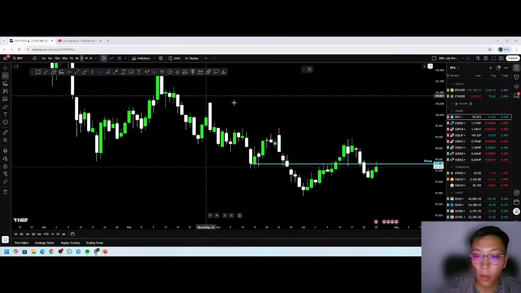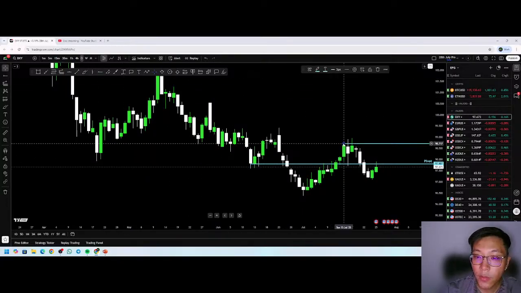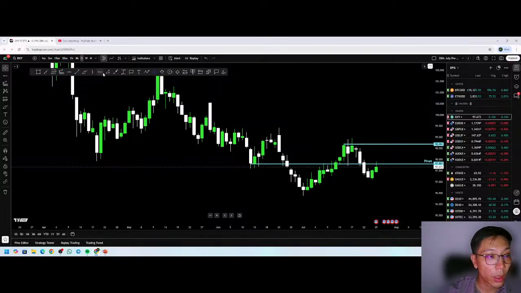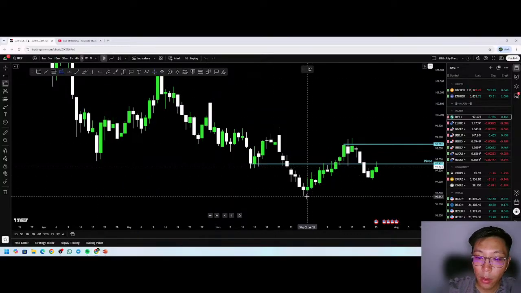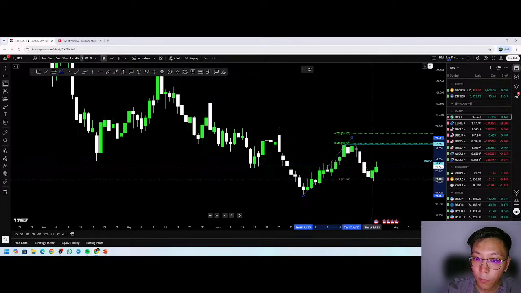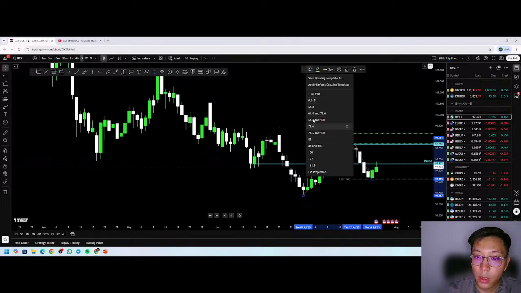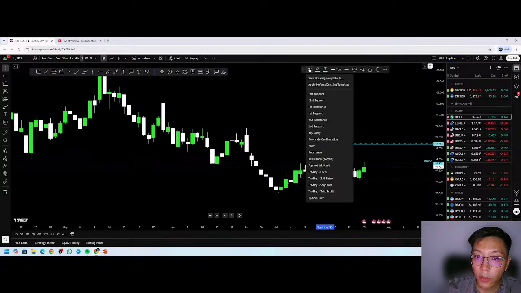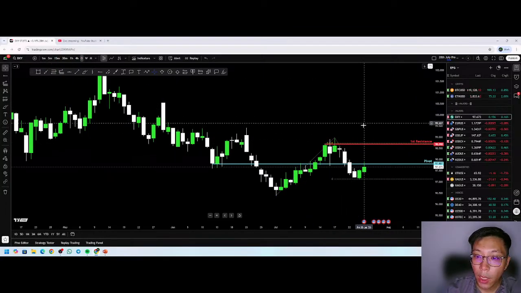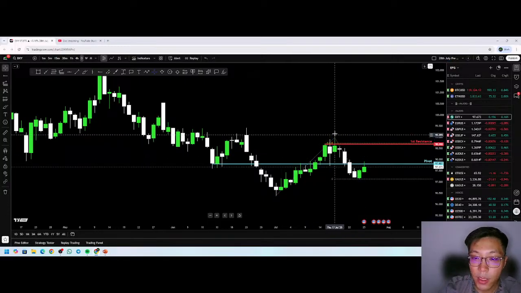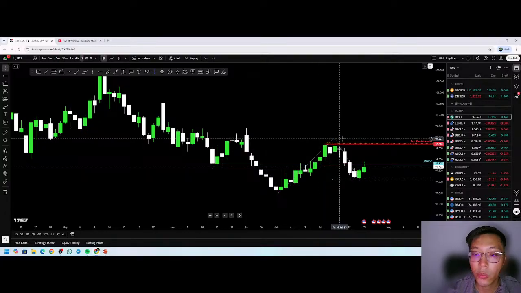And then where's our first resistance? Our first resistance level is actually this point. Let me mark it out. Okay, 61.8%. Yeah, so this is our first resistance level as it aligns with this 61.8% Fibonacci projection level.